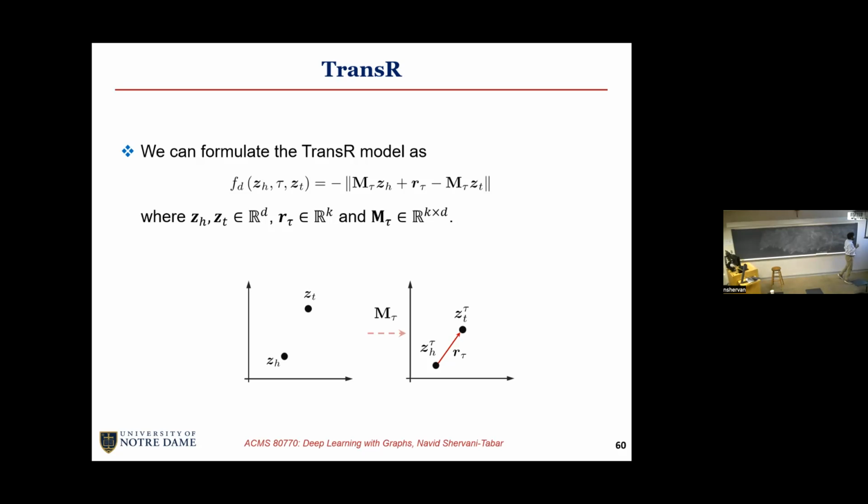So visually, we have these two embeddings here. We project them into some space, and I'm using a superscript tau to show that these embeddings are in the relational vector space for relation tau. And then I translate these embeddings in that vector space.